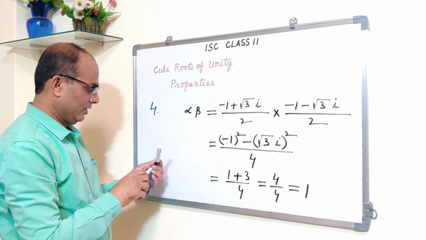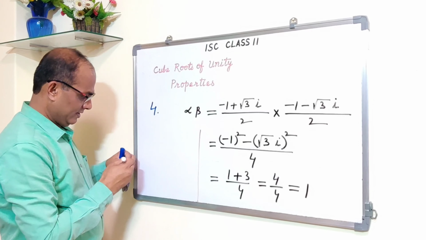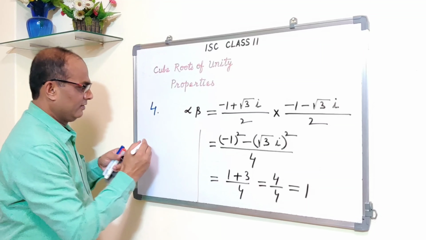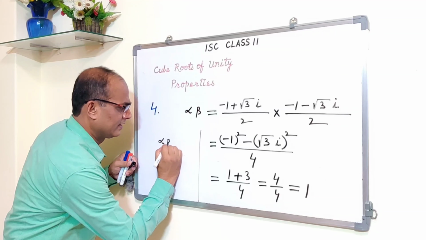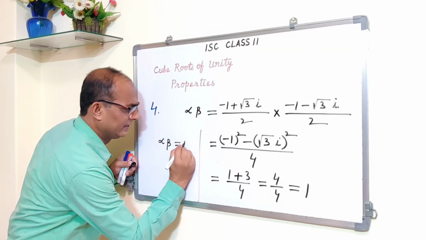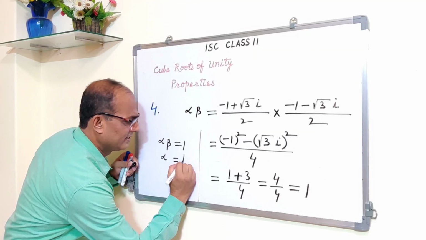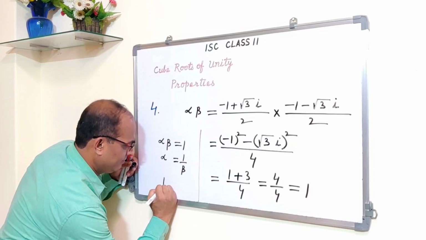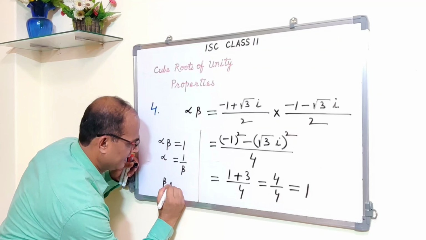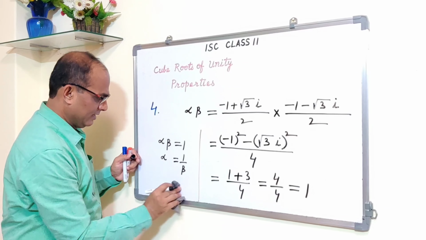Okay, now let me tell you what it means. We got alpha into beta is equal to 1. Now it means alpha is equal to 1 upon beta, or beta is equal to 1 upon alpha. Isn't it?